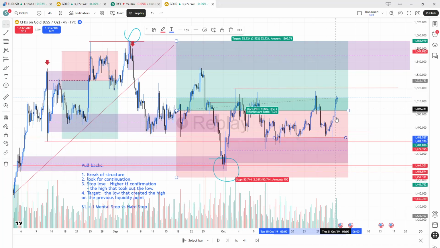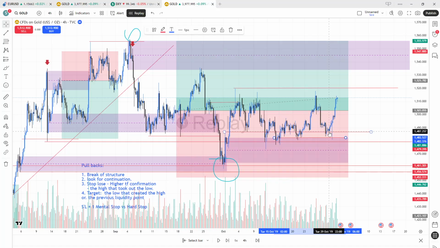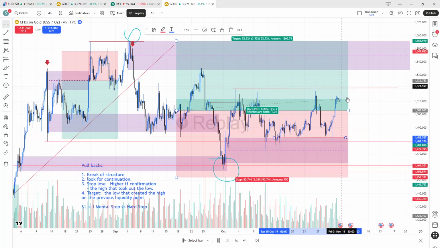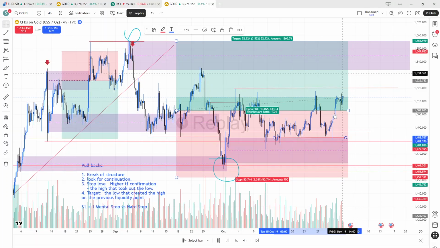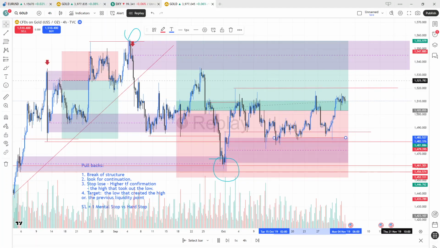So we do have that sweep model, right? Or this wick that basically took all of this out for that big move. And we'll see if price will play around this area and then give us that push to the upside.